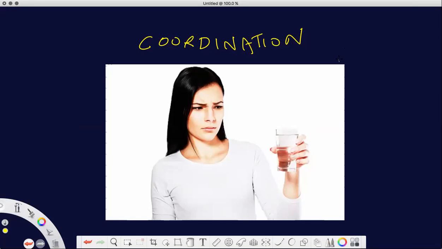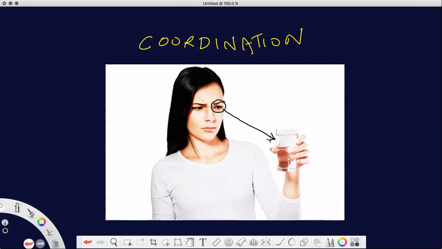Right. Let's see what is the meaning of coordination. Now, if you look at this picture, you can see this lady is holding a glass filled with water, and if you carefully look, first this lady has to focus on the glass.